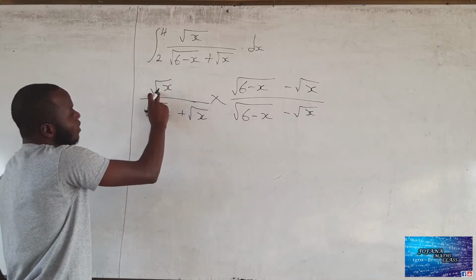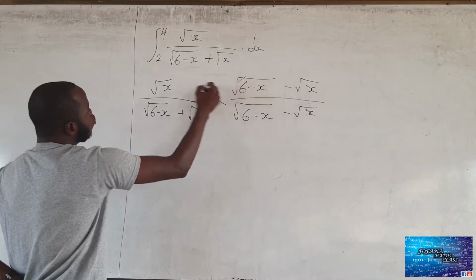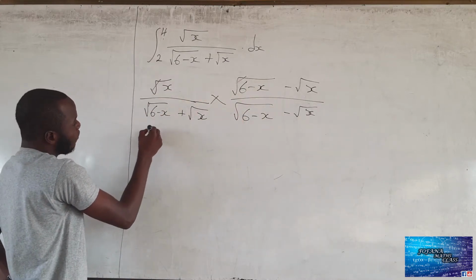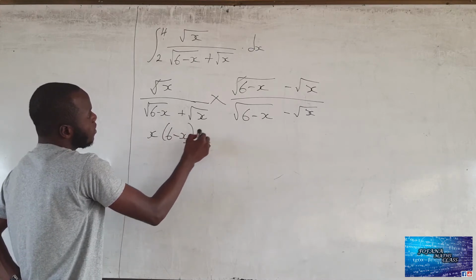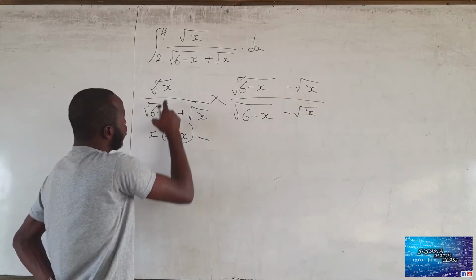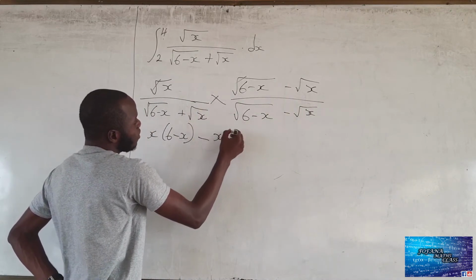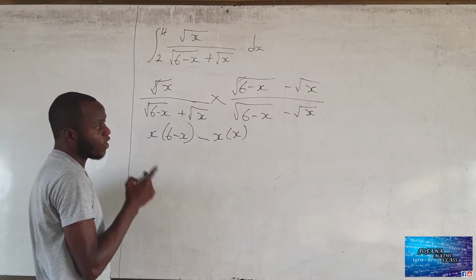When I multiply root x by the whole of this, the root will cancel that root, and it will be left with x into bracket 6 minus x minus, then this root and that root will also cancel, and it will be left with x and x. So we have x multiplying x. This is for the numerator.